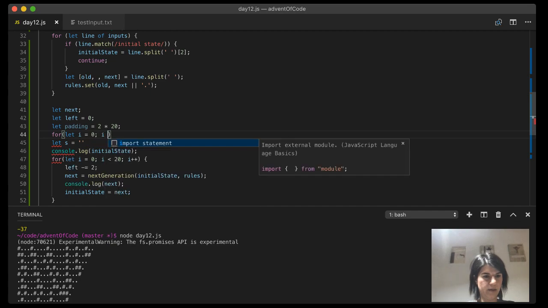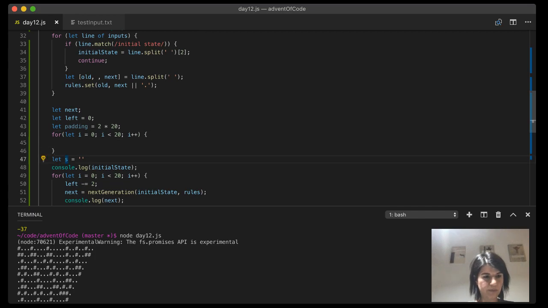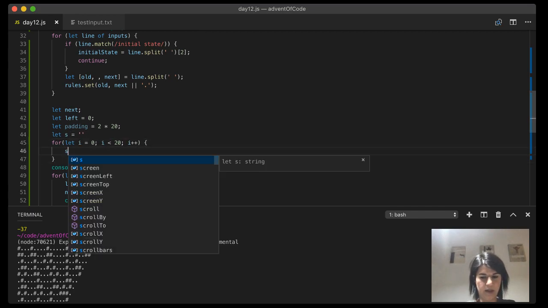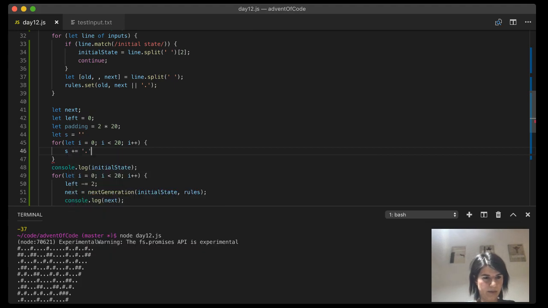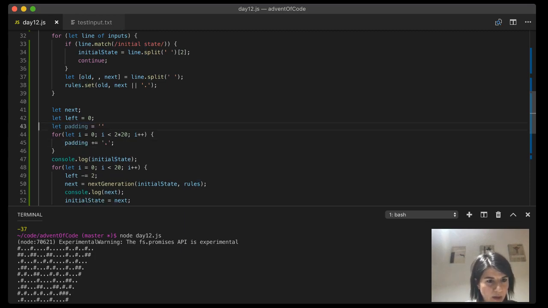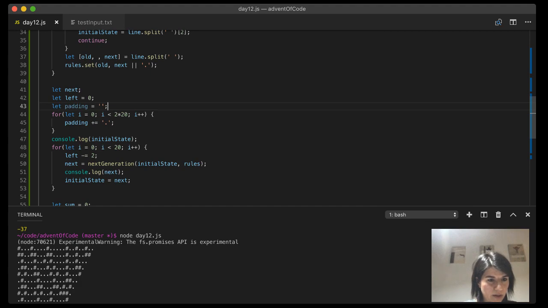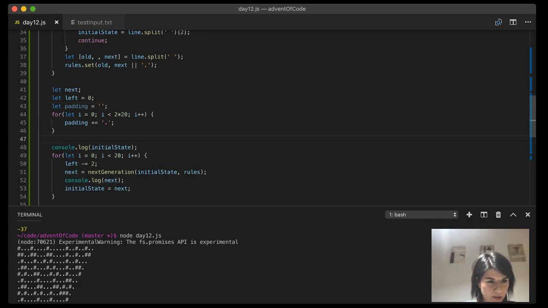For let i equals 0, i less than 20, i increases, s plus equals a dot, so I have my 20 dots, and really I want the padding to be this much. And then I want to print padding plus initial state.